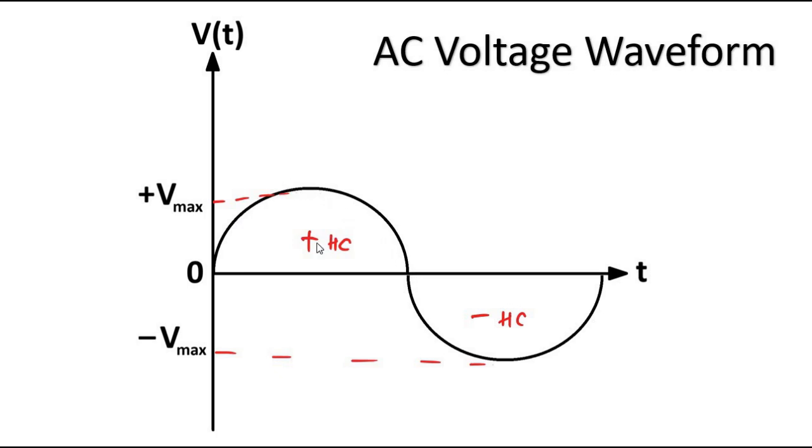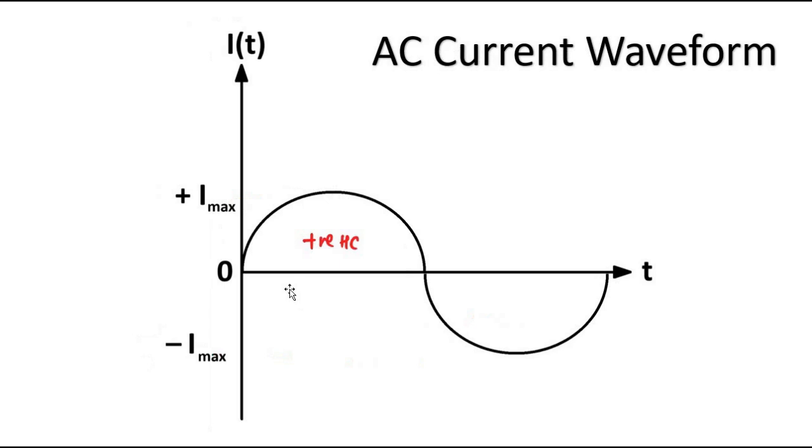This is for the voltage. Correspondingly, the current also starts from 0 and attains a corresponding maximum value. So this Imax here is Vmax by R, and then as the voltage decreases, the current also decreases as per this relationship. Okay, so this is for the positive half cycle.